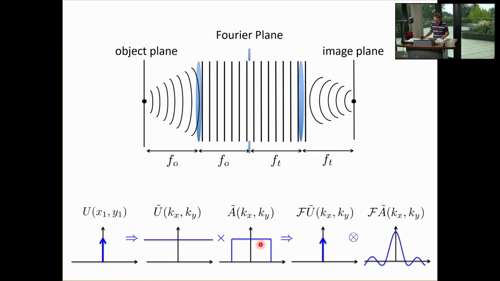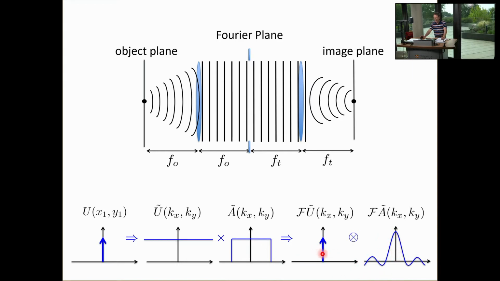And again, by the convolution theorem, the synthesis of an infinite number of frequencies gives us a delta function, and the synthesis of a rectangle function, its Fourier transform, is given by a sinc function.